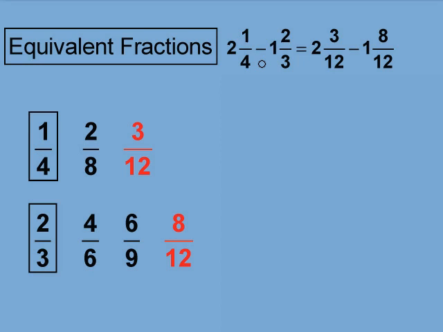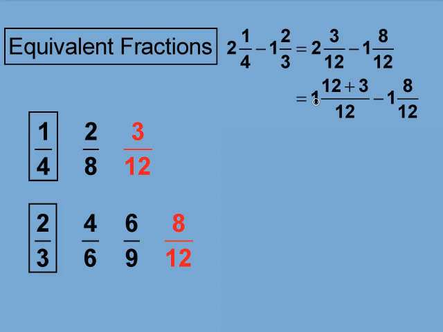Going back to the subtraction expression, we can rewrite it with our common denominator. Because 3/12 is less than 8/12, we need to borrow 12/12 from the whole number. Here is the mixed number rewritten.